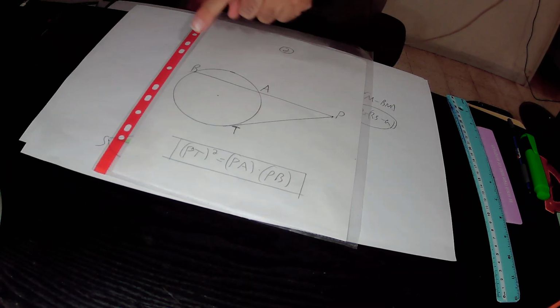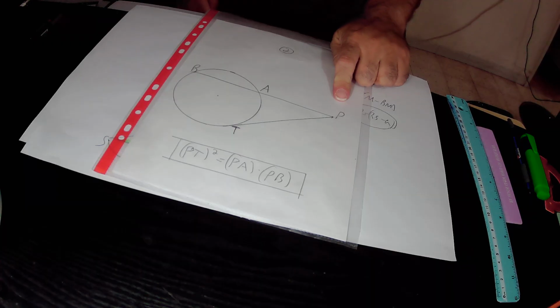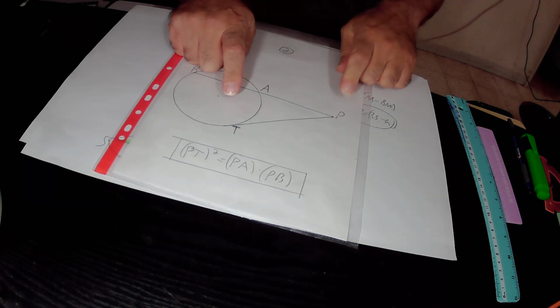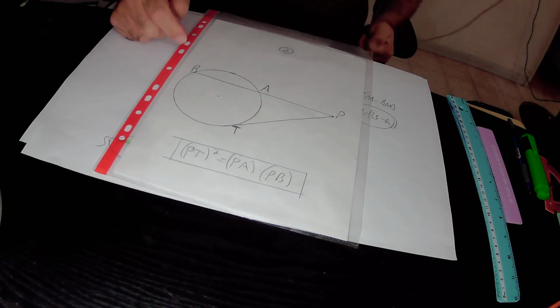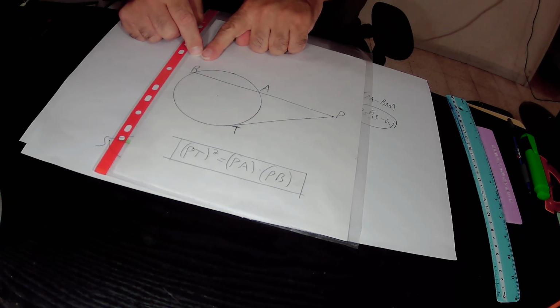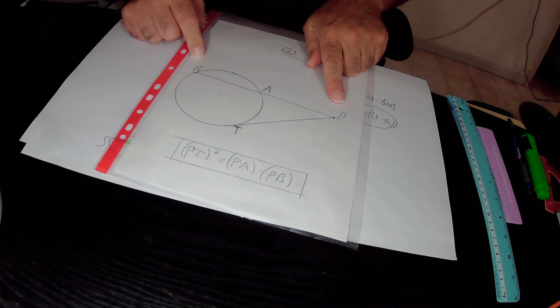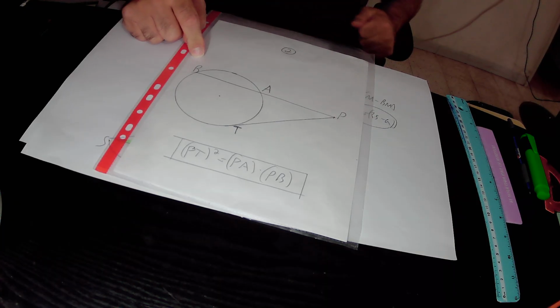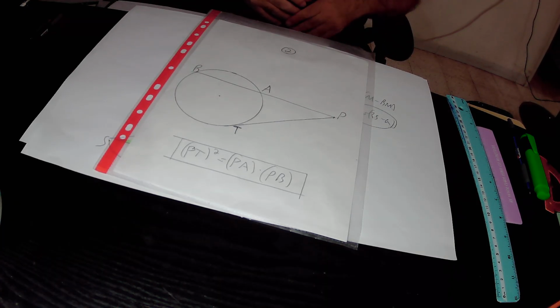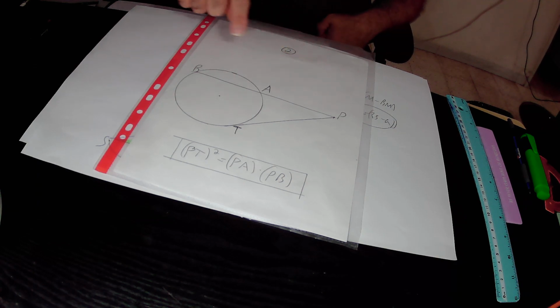Looking at the drawing, this is the common starting point P. From P, we have tangent PT, which is tangent to this circle at point T, and we have the extended chord PA touching point P. In this drawing, PT squared equals PA times PB.